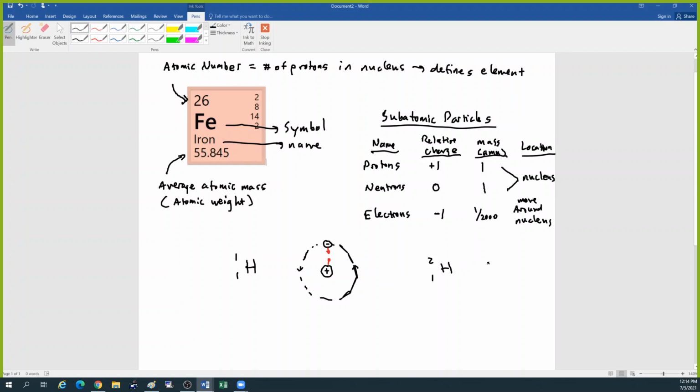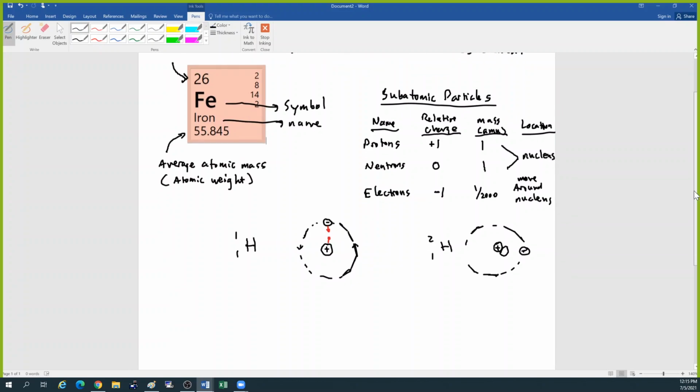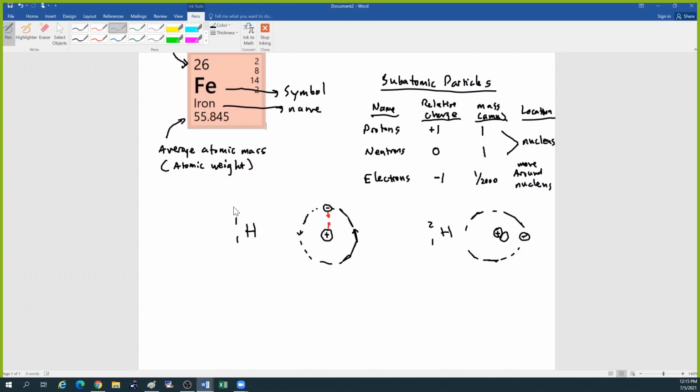But certainly if it's still hydrogen, it can't have more than one proton. What's different about this hydrogen is that there's another particle in the nucleus, and there's still one electron moving around, and the proton still attracts the electron. So what's the primary difference between these two atoms? If they're both hydrogen, what makes them different?